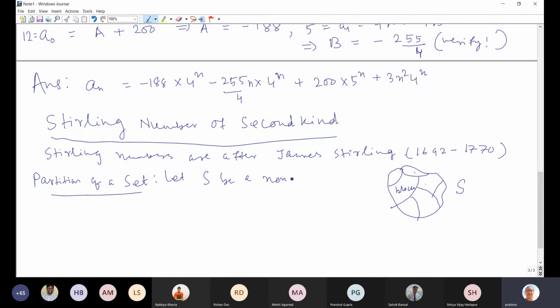A partition of S is a collection, basically a set, a collection of pairwise disjoint, also non-empty subsets.